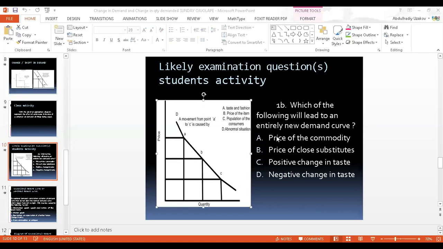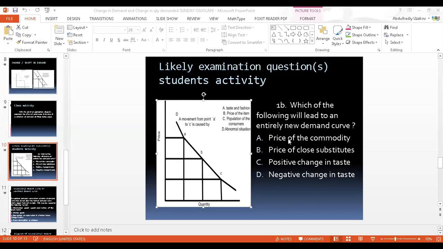Now, from what we have here, I have option A and option B. Some people went for option A, while some went for option B. All right. Now, option A is price of the commodity.